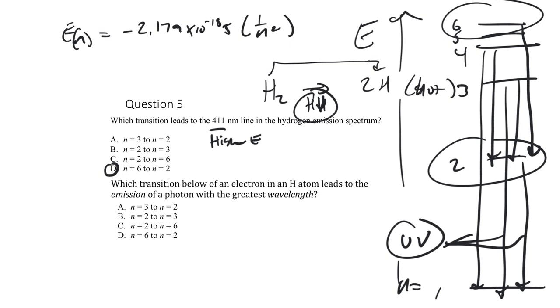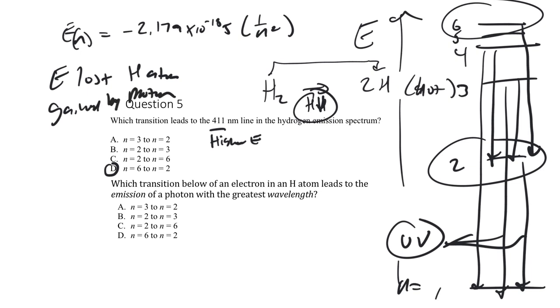So we could go ahead and plug in our final state of 2 minus our initial state of 6 into this equation here and get the change of energy for the H atom. The hydrogen atom's losing energy when it goes from 6 to 2. It's high energy in 6, lower energy in 2. So the energy it loses, where does it go? It goes into the creation of the photon. So the energy lost by the H atom is gained by the photon.